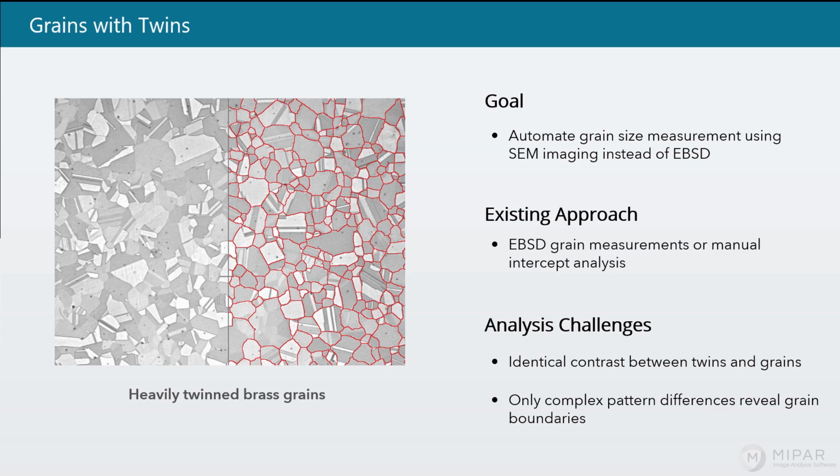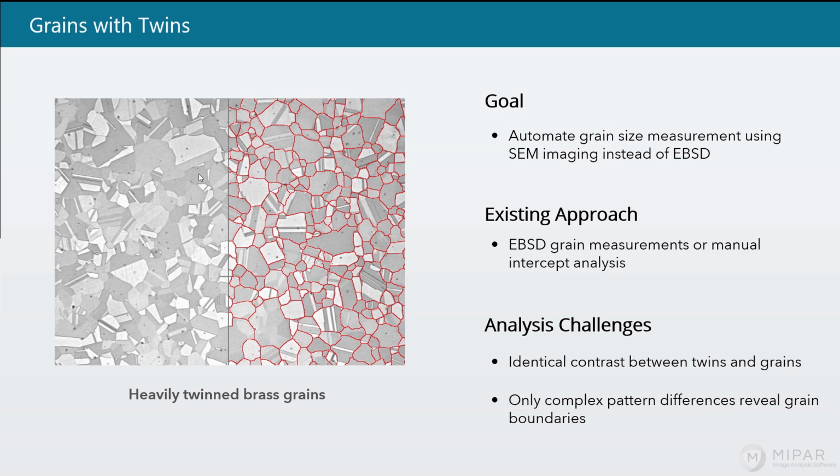So it's no wonder that researchers have looked to replace EBSD imaging with traditional SEM imaging, which can collect images orders of magnitude more quickly and still provide quality information to measure grain size with, provided that the boundaries can be identified automatically without the twins.